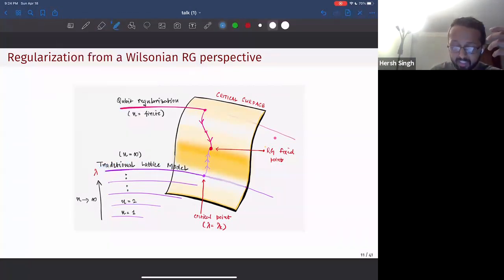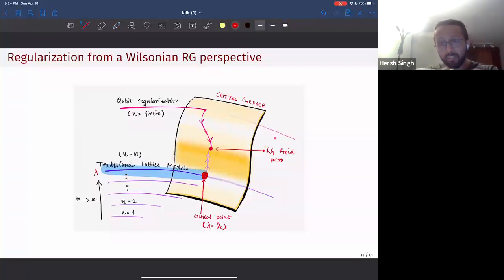We know that this has a critical point. When you tune yourself to the critical point, you are on a critical surface, such that if you perform an RG flow, you will flow into this fixed point. And that fixed point is what governs the physics of the continuum field theory, right?